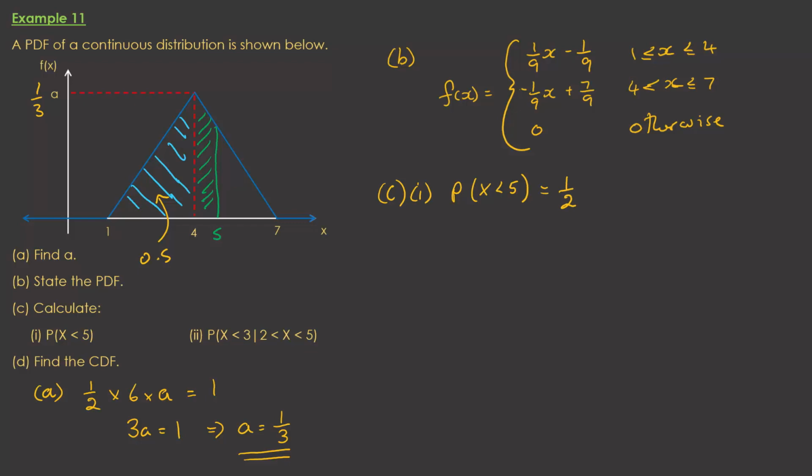Now, obviously, this is a geometric shape as well. It's a trapezium. But we've got the function. We could do it as an integral. So we'll do the integral from 4 to 5 of negative 1/9 x plus 7/9.